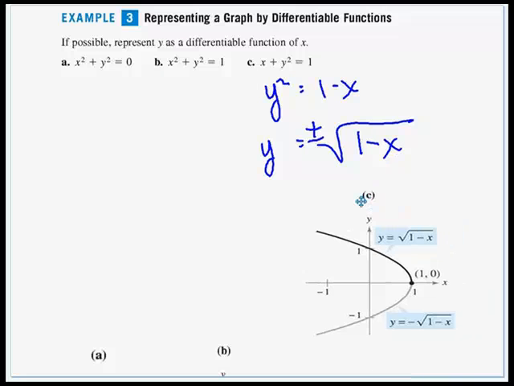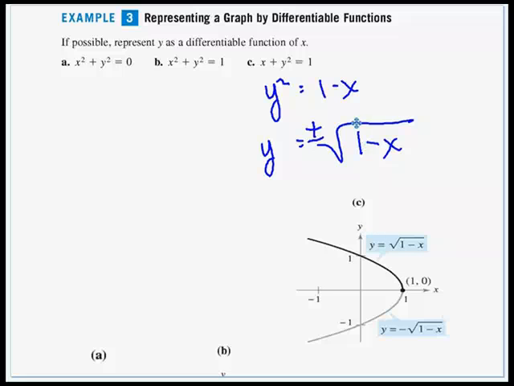If we were to graph that, it's just a simple square root function, starting at an x value of 1 and headed to the left. Again, we do have the plus and minus. The plus, I'll do in red here, that would be the upper half of this sideways-opening parabolic curve. And the negative in front of that would represent the lower half of the parabolic curve.